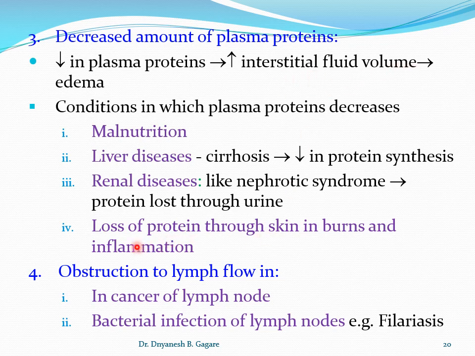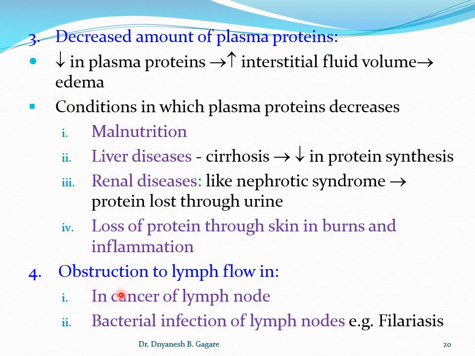Then loss of protein when there is a skin burn. If you see burn patients, if there is a skin burn and inflammation, then there is a loss of protein. Ultimately loss of protein means a decrease in plasma protein level, and it leads to an increase in tissue fluid, so edema.